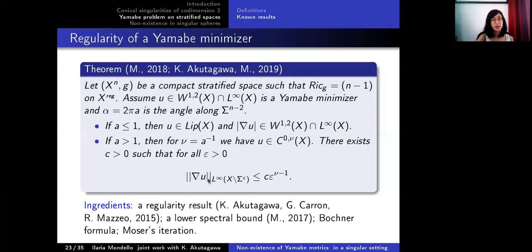So it's an analytic result. Okay, so we have all the results that we are going to need in order to give the proof of the main result with Kazuo. So this will be in the last part of the talk.